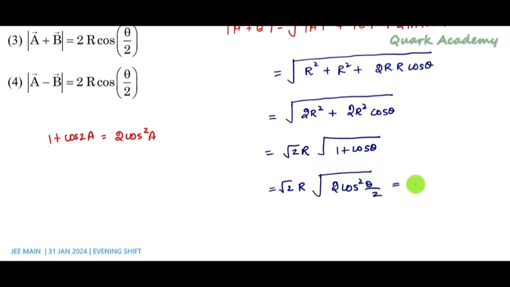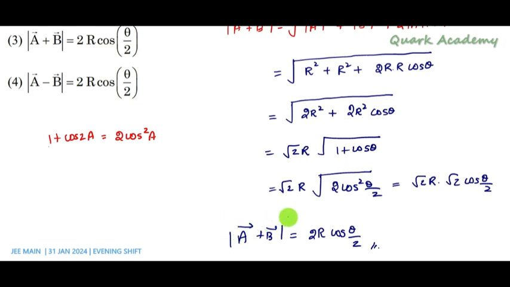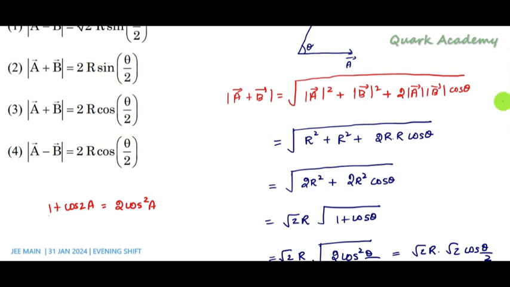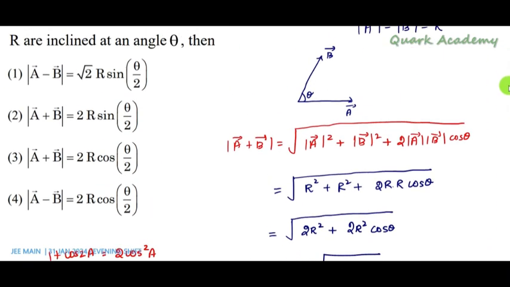So if you simplify this, you will get root 2r root 2 cos theta by 2. So this is going to become 2r cos theta by 2. So this is magnitude of a plus b, its magnitude. So a plus b, its magnitude is 2r cos theta by 2. Yeah, I think third option is the correct one.